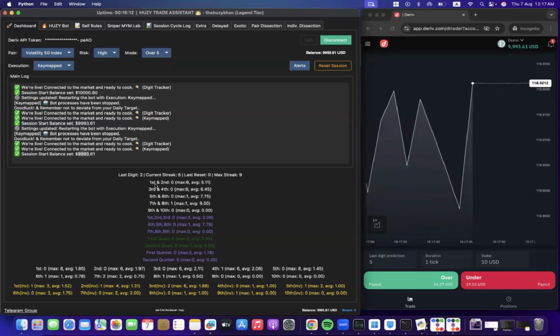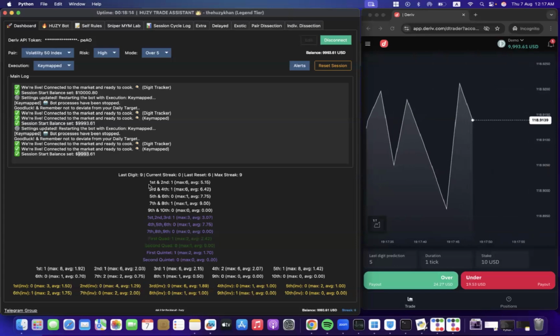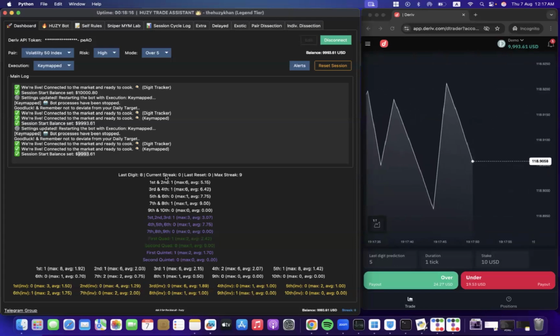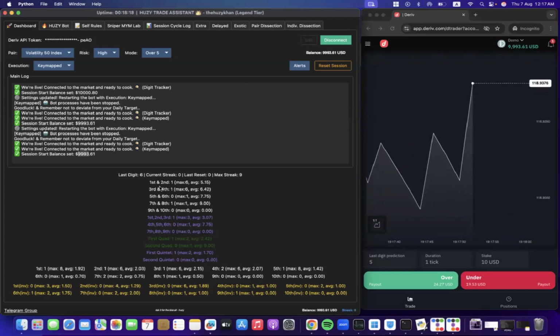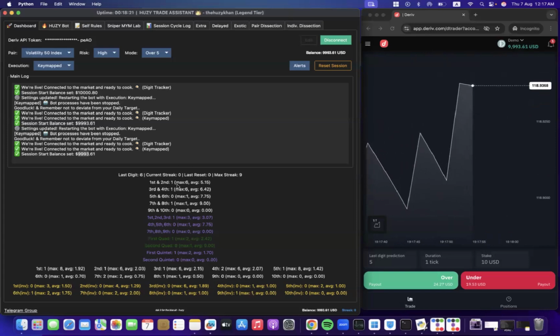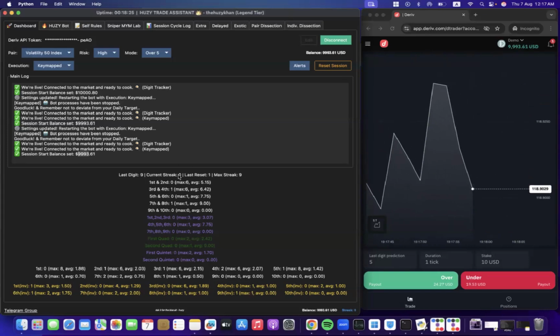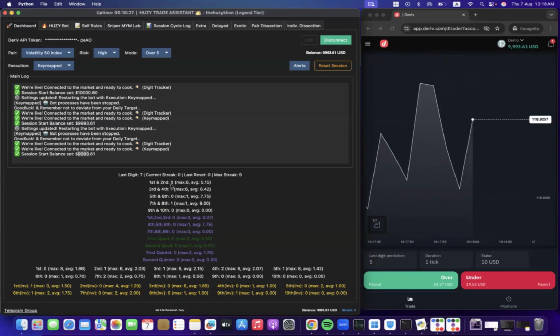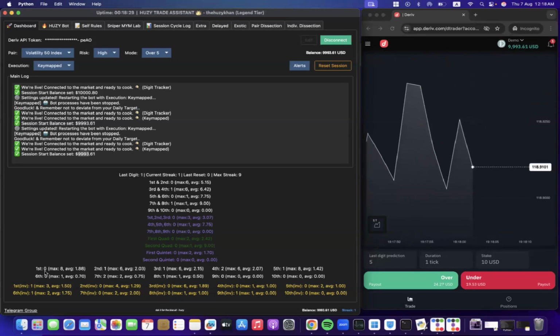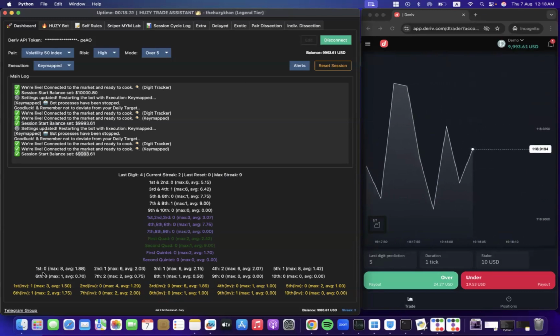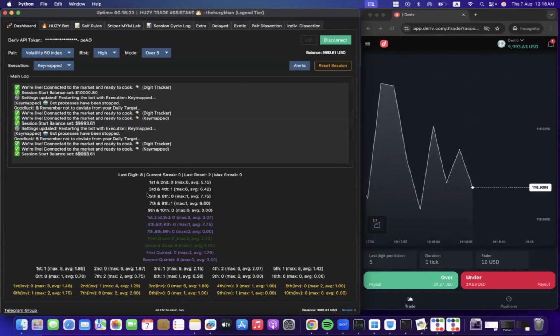But for pair counters, you have two reset conditions. If the current streak goes to either 1 or 2 and resets to 0, the first and second pair counters are also going to reset. Like this is 1, it reset, you can see this reset as well. And of course, if anything was there, that reset as well. So that's how pair counters work.